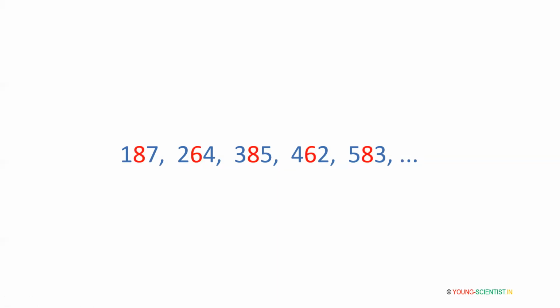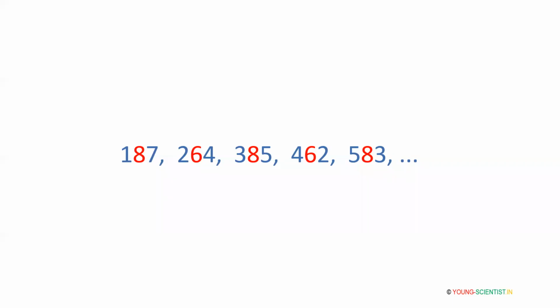The first thing that you have to notice is that the middle number of each term alternates between 8 and 6. Even before you subtract the terms to see if it's an arithmetic progression, or divide them to find if it's a geometric progression, this detail should stand out to your eyes.